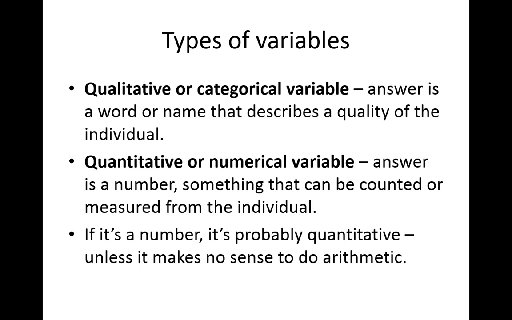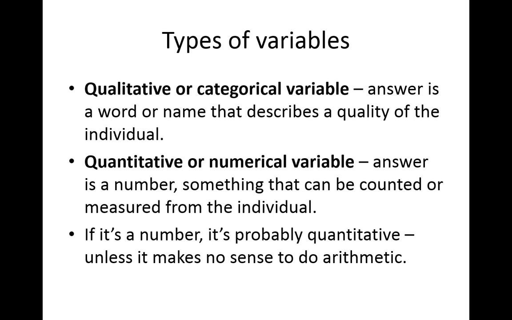So one type of variable values that we can collect for a population or a sample is qualitative or categorical variables. In this case, the answer is a word or a name that describes a quality of the individual.